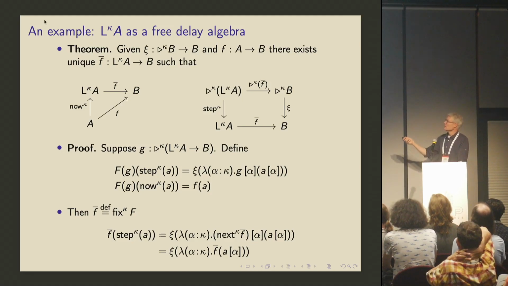Okay? And so this F here gives me a function from later of this type to the thing without the later, and then I can take the fixed point of it, and then that f bar will have this type. And if you unfold the fixed point equation, like I did down here, you will see that this f bar here satisfies this equation here, and that thing here is precisely the later kappa of f.